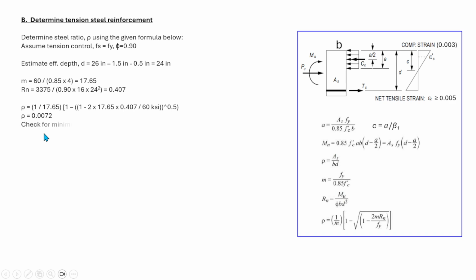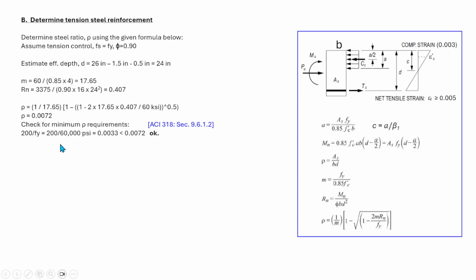0.0072. Now we need to check the minimum rho requirements as per ACI 318 section 9.6.1.2. The first provision for the minimum requirement is 200 over Fy, that is 200 over 60,000 psi, equal to 0.0033, and this is the minimum, which is less than our actual rho, 0.0072.